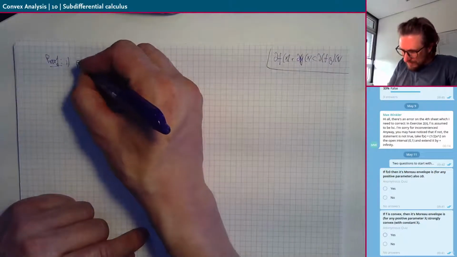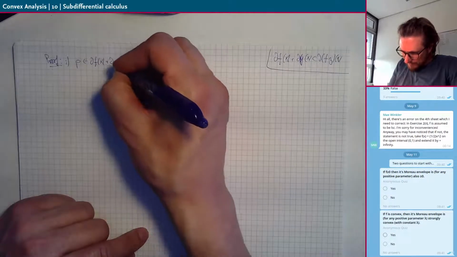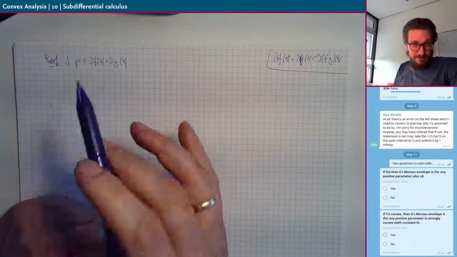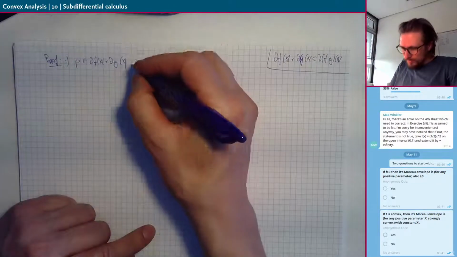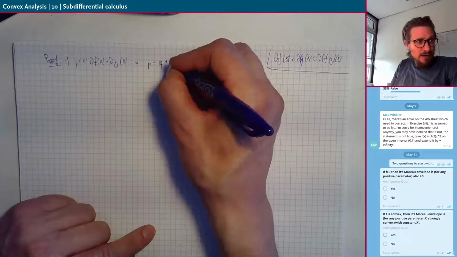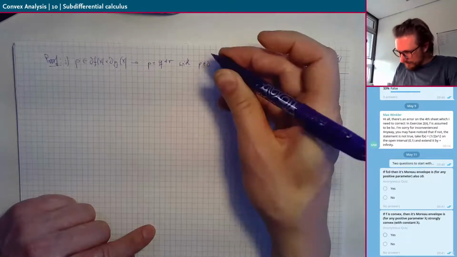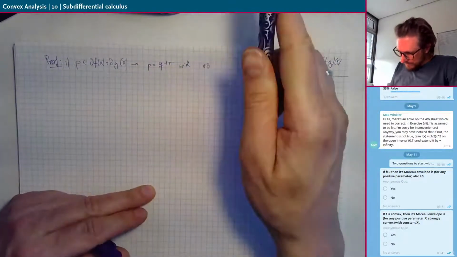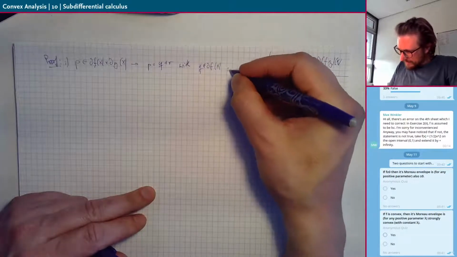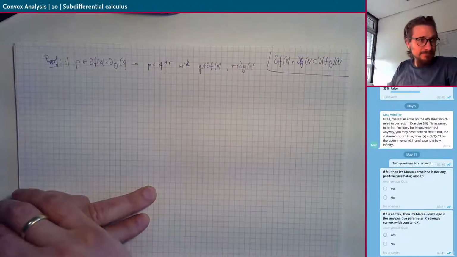If p is in the sum of the subgradients, remember these are just two sets, so that's the Minkowski sum, which means that p can be written as q plus r, with q in the subgradient of f at x, and r in the subgradient of g at x.